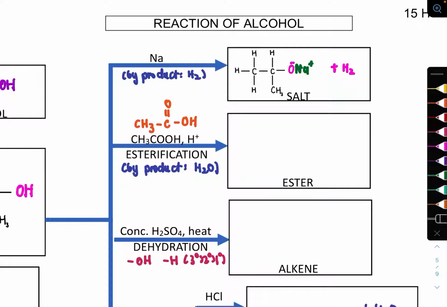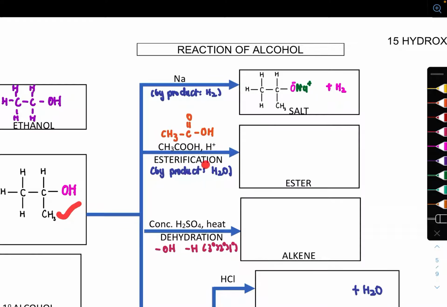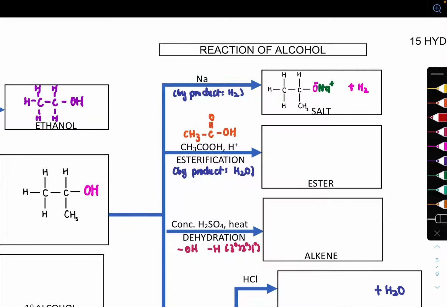How about the reaction of alcohol with esterification? Here, our byproduct is water. What happens is that we're going to remove OH from our carboxylic acid. And from our alcohol, Miss will remove the H. So this one is the same, the H is being removed.